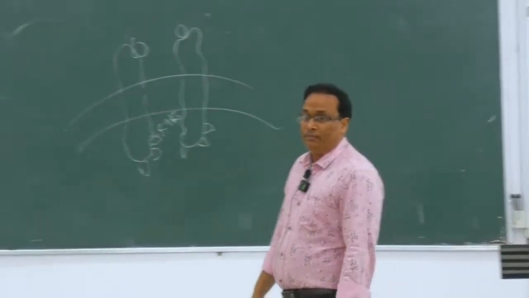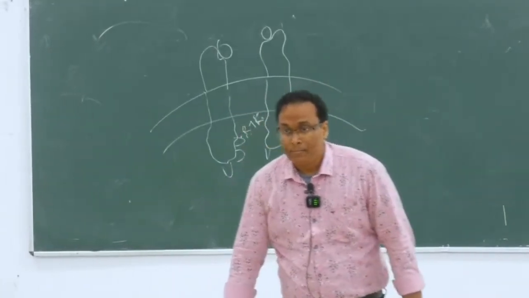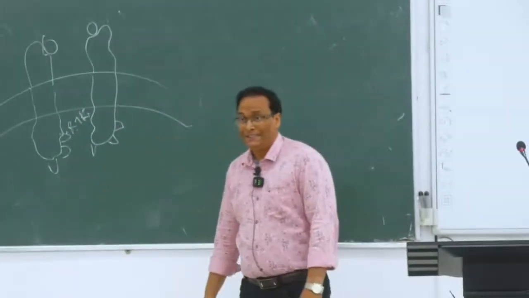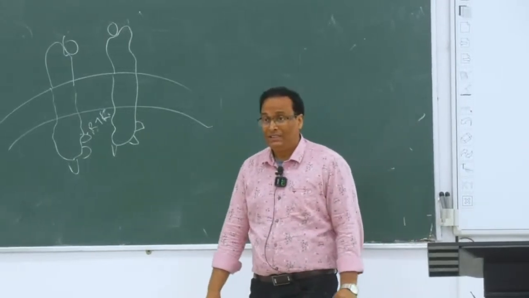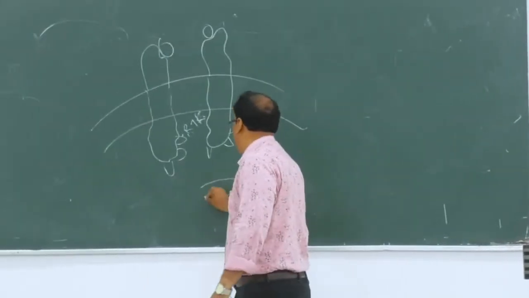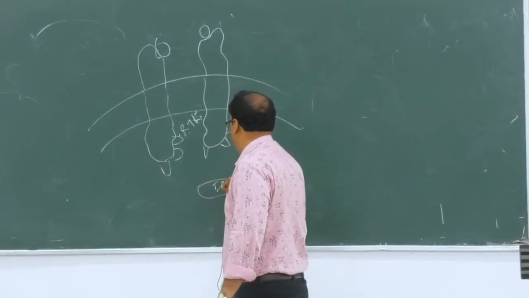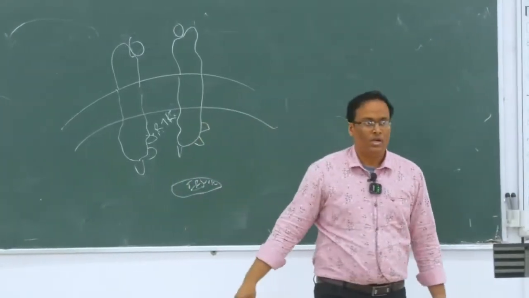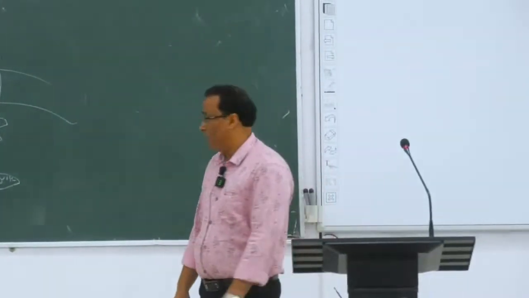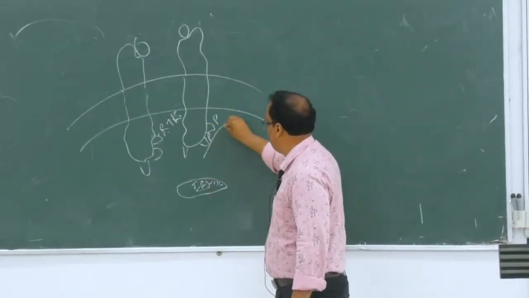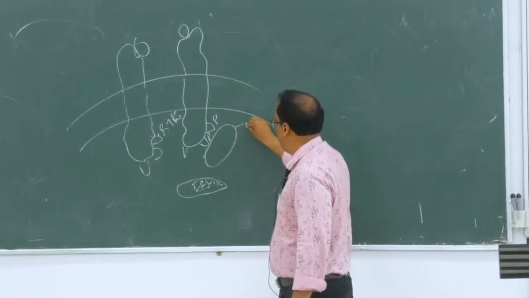Then what will happen? First of all, IRS, very good. IRS 1 and 2, that is insulin receptor substrate 1 and 2, will come to the phosphorylation area. These are phosphorylated, these will come and bind like that, and this is again phosphorylation.